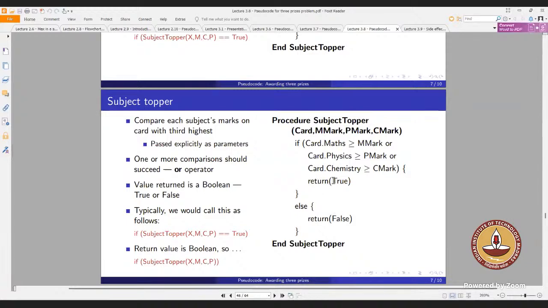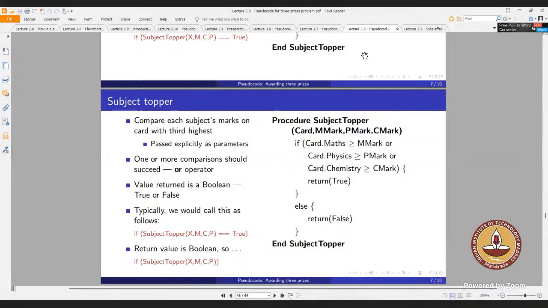So as you can see, it is returning either true or false. That's why whatever is being returned becomes a Boolean data type. So it compares each subject's marks on the card with the third highest. One or more comparisons should succeed for the OR operator.